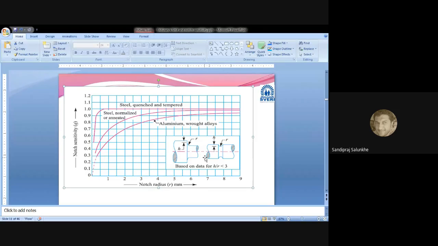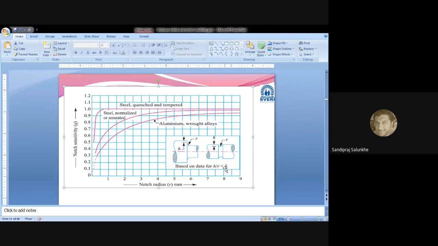In this data, we see the change in geometry, that is the fillet radius which we have made here, and the depth of that can be taken as h, and the radius which we make in that component is r.